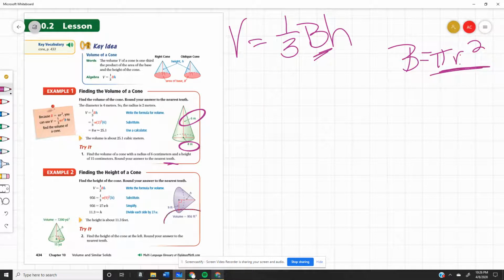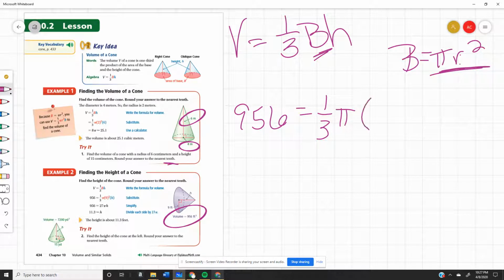So we're going to say that the volume here is 956 is equal to 1/3 times pi times 9 squared times h. H is what we're looking for. H is our unknown. Okay, so just doing some quick math, I know that 9 squared is 81. 1/3 of 81 is 27.